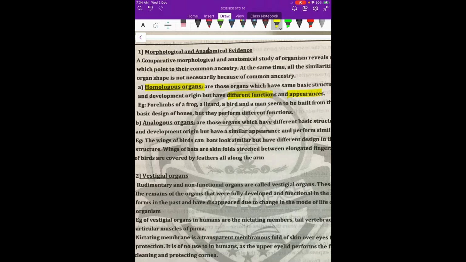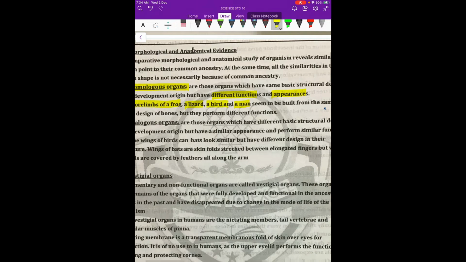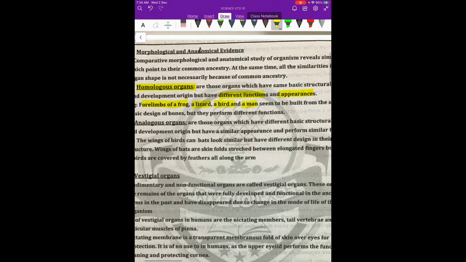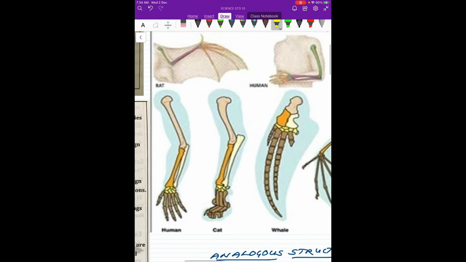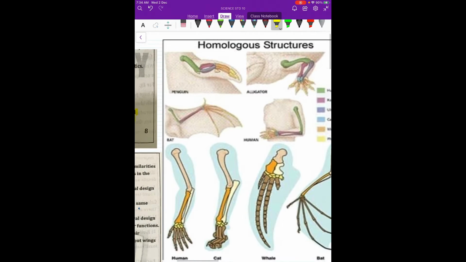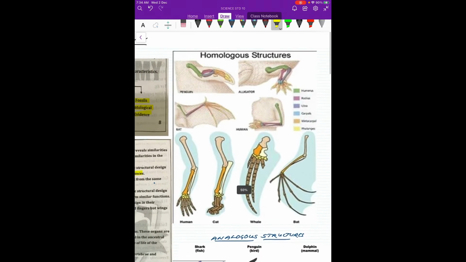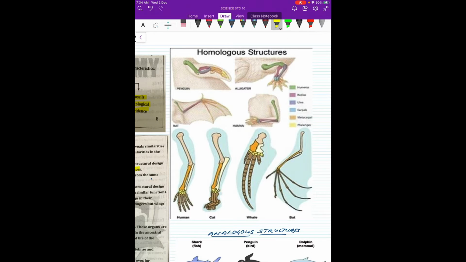For example, the forelimbs of a frog, a lizard, a bird, and a man seem to have been built from the same basic design, but they perform different functions. This is an example of homologous structures. Here we can see a human, a cat, a whale, and a bat.